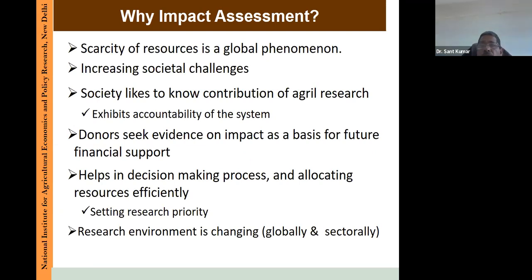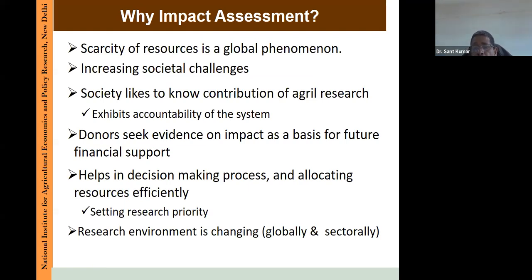So why do we take up impact assessment? Because scarcity is a global phenomenon, and India is no more left out of this. With increasing societal challenges, society likes to know what has been the contribution of their research funding. So they need the system to exhibit accountability. Donors seek evidence of the impact of the past funding which they provided.